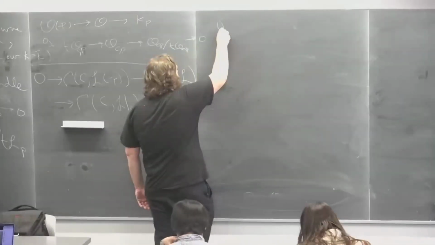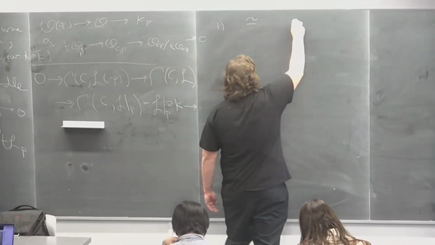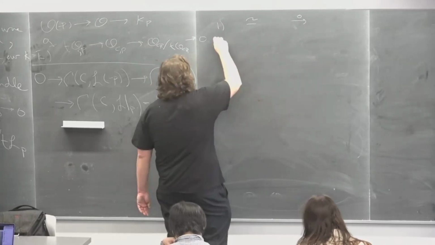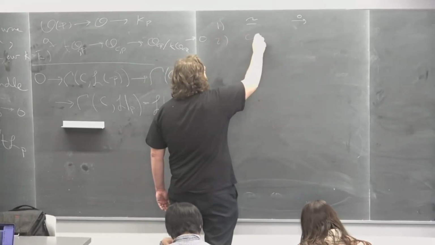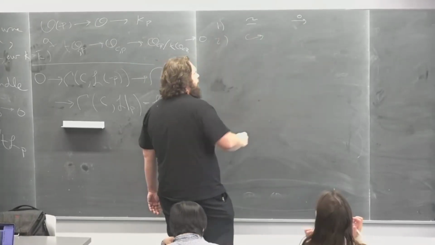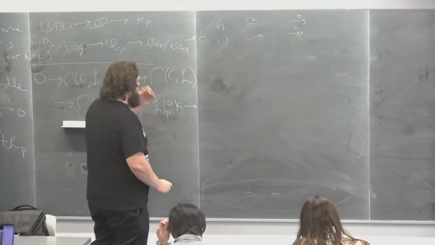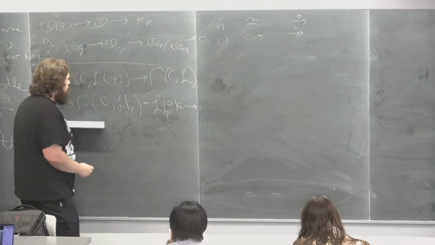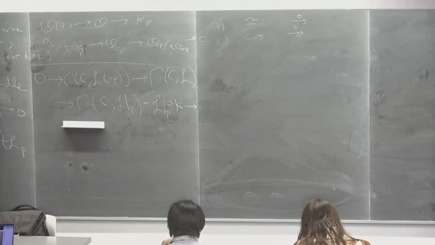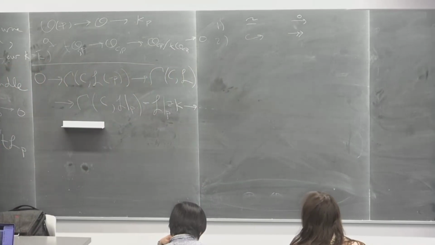So two possibilities. One is isomorphism, and then 0. The other one is inclusion of a proper subspace, and then this map is surjective.